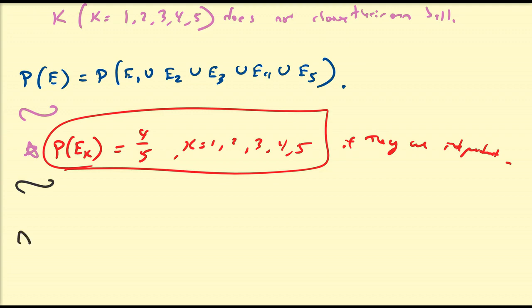So a couple questions that we need to ask ourselves. Are E1, E2 down to E5 independent?